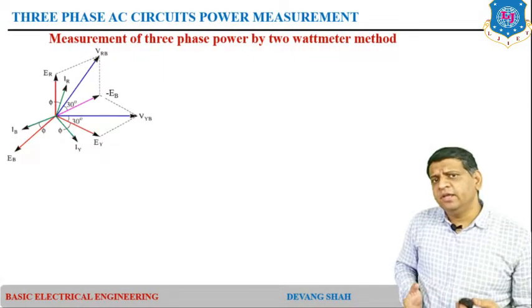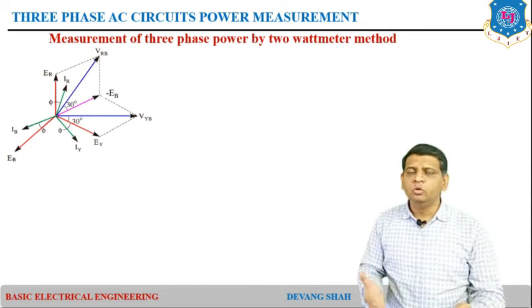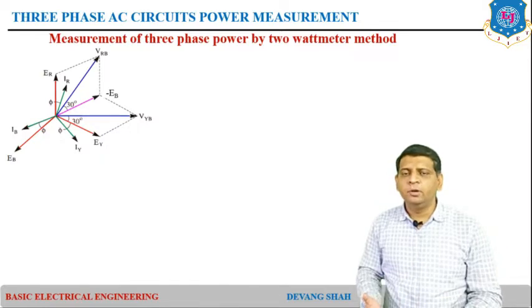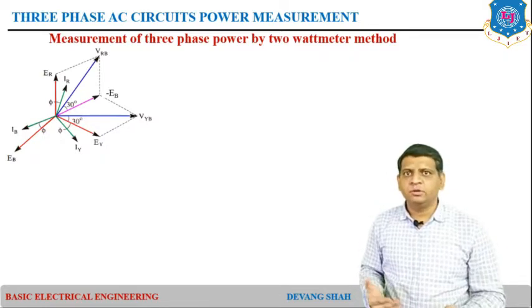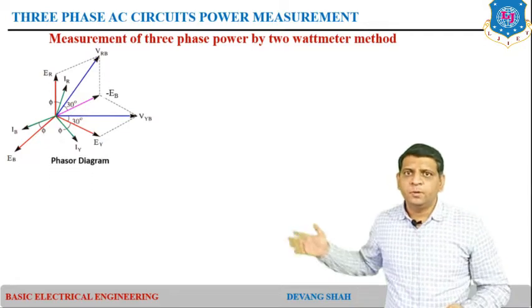Now in terms of the phasor diagram, I am looking for 2 vector equations in terms of W1 and W2 to find the power factor. So the next step is to find the power factor from this particular phasor diagram.